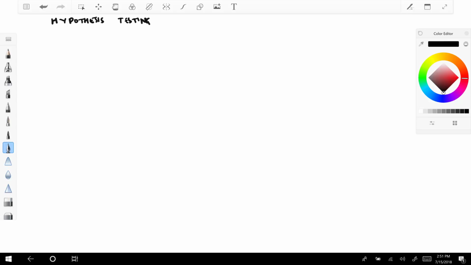The first step of hypothesis testing is to define the hypothesis.